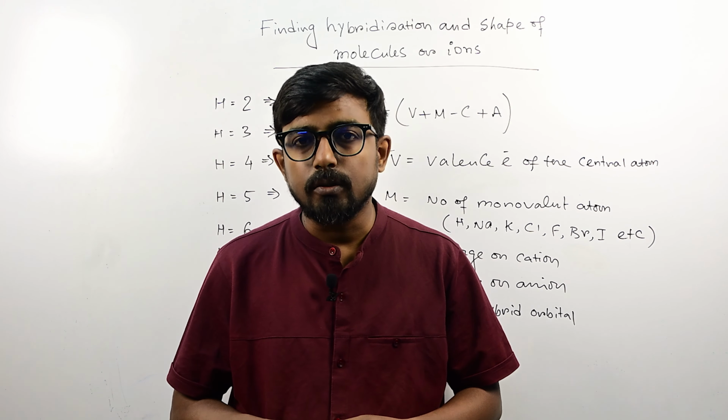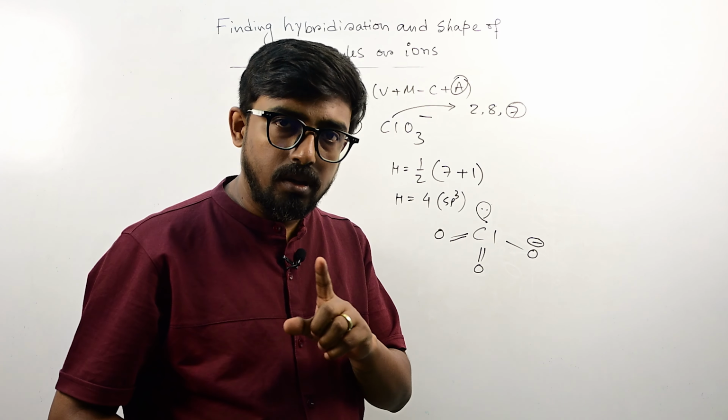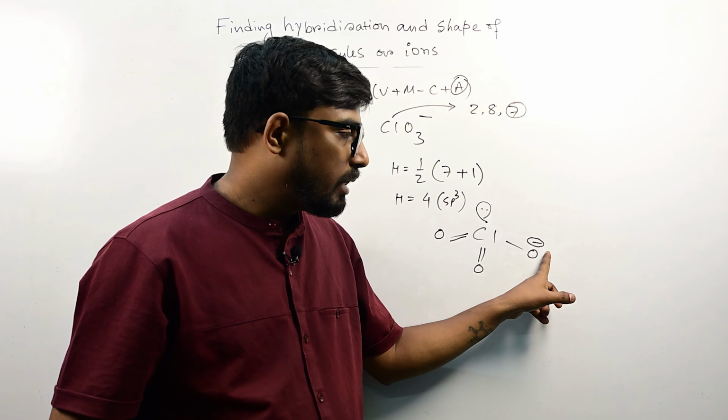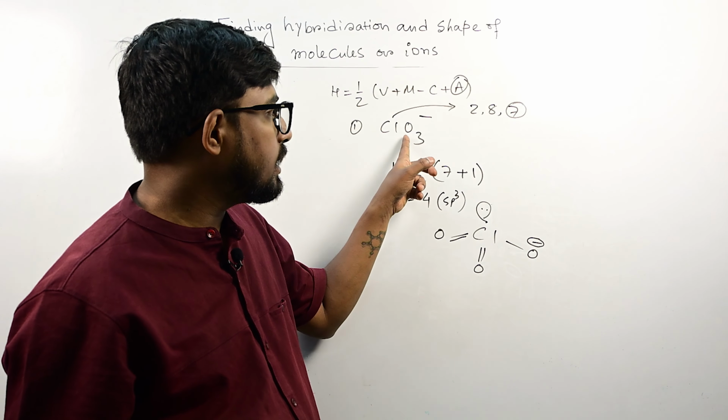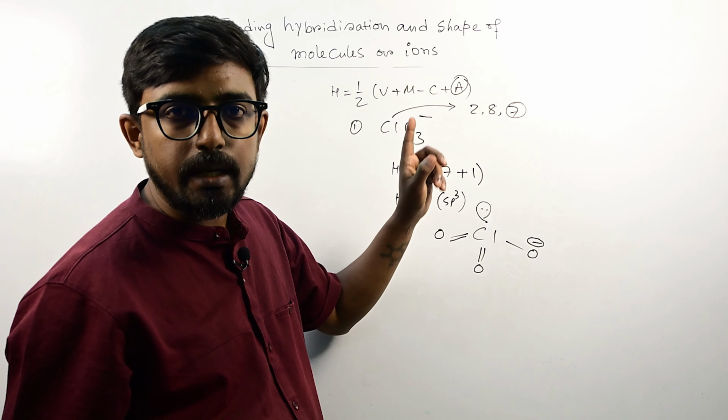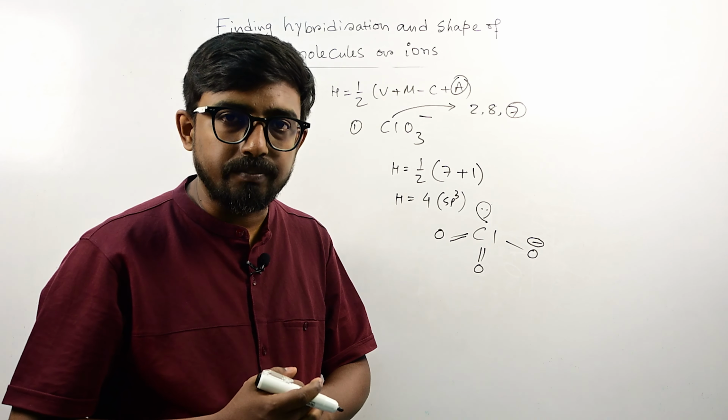So what will be the hybridization of this ion? It is sp3. And what is the shape of the ion? It is pyramidal, because we are not counting the lone pair. Now in this ion, chlorine is neutral, but this oxygen atom has the negative charge, so we write the formula ClO3 minus, this minus for the oxygen atom.